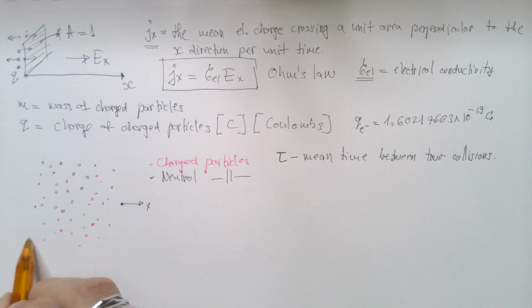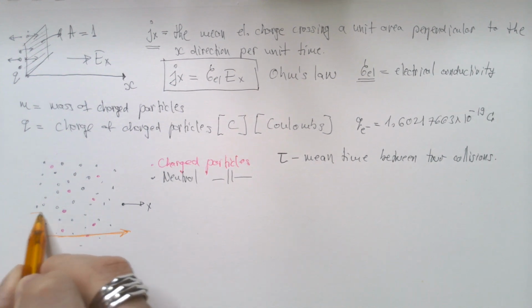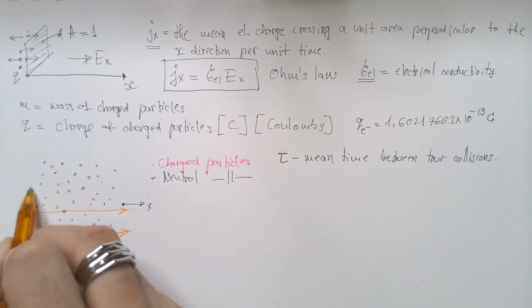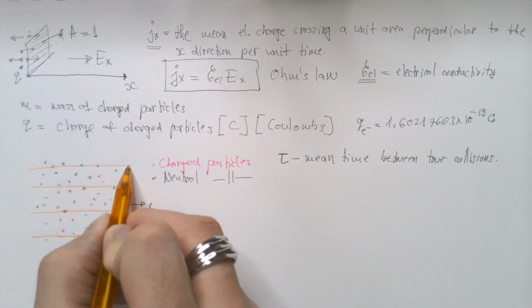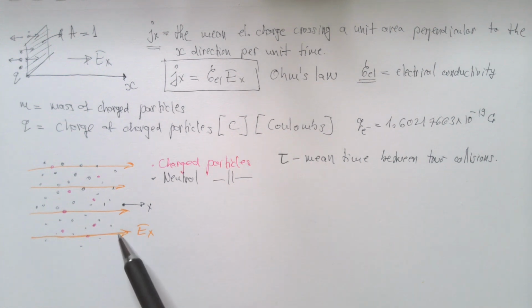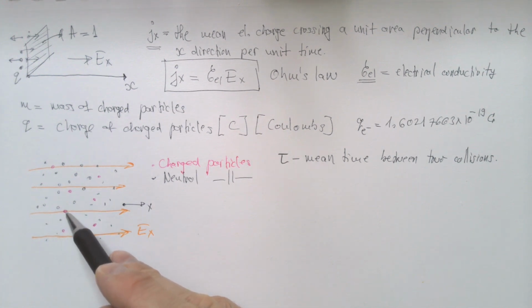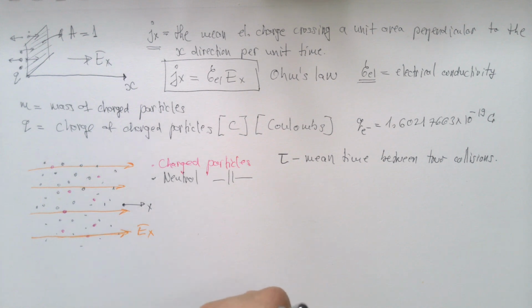As I said, I have an entire video where I expressed tau in terms of other fundamental properties of the gas. Now, let us say we apply a uniform and somewhat weak electric field in the x direction, like so. So that will be Ex. This will give rise to a mean component of velocity of these charged particles in the x direction.